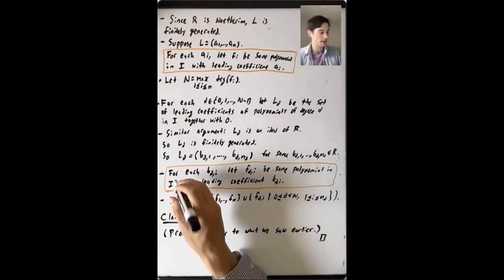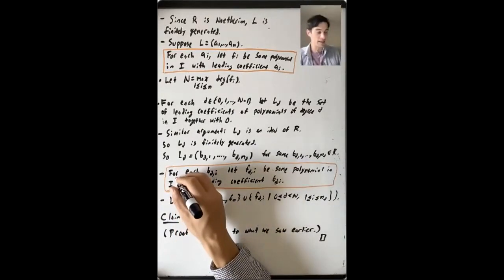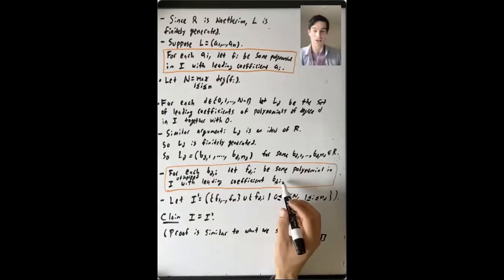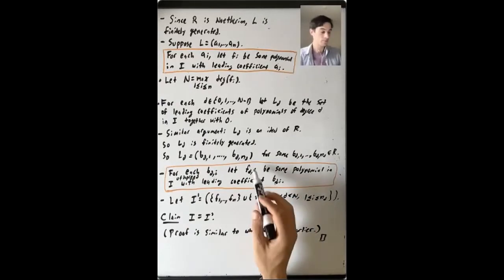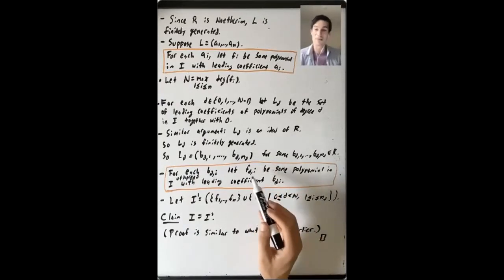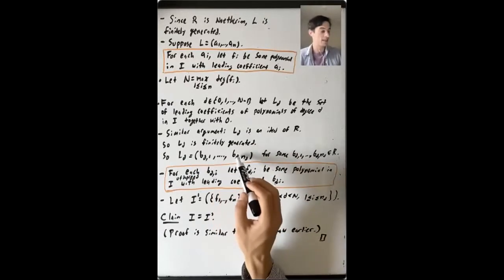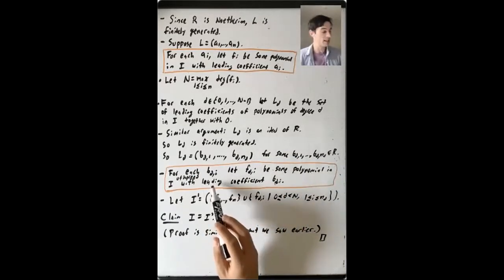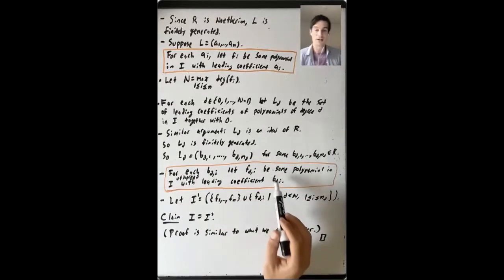Some polynomial in I of degree d, with leading coefficient Bdi. So these Fdi's are going to be made up. We have Fd1 up through Fd,nd.